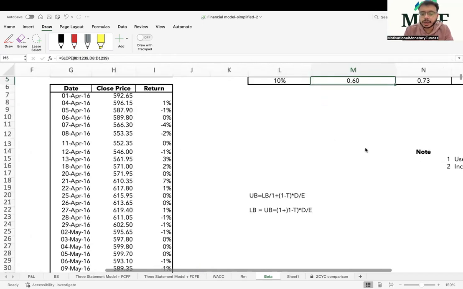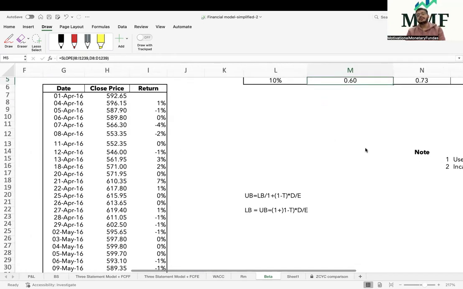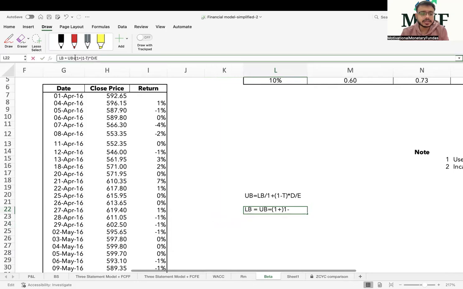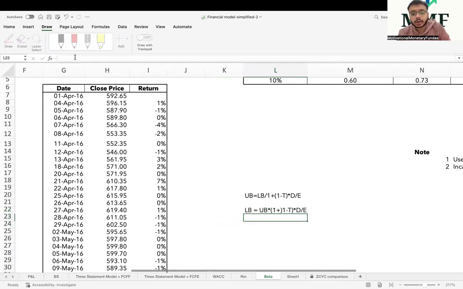One is the levered beta, and the second is the unlevered beta. A levered beta simply means the beta which has the impact of debt. If the beta has the impact of the company's debt in it, that's a levered beta. But if you subtract or ignore the impact of debt, it's an unlevered beta.